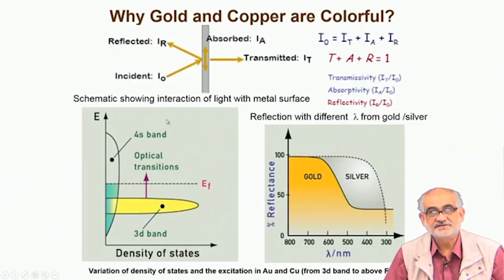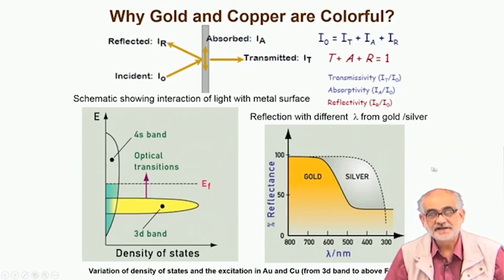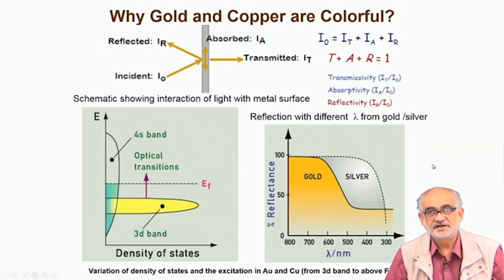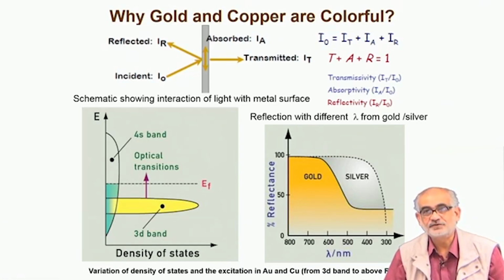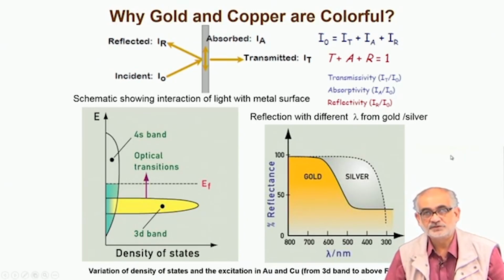So in fact, there's a common saying, all of us are aware, all that glitters is not gold, but it's actually that glittering property, or the reflectivity property, that is the reason why gold is so popular and so precious for all the ornaments and various other decorative purposes.